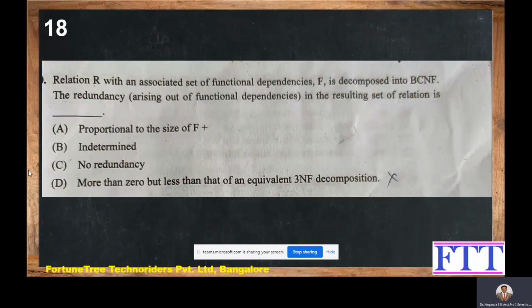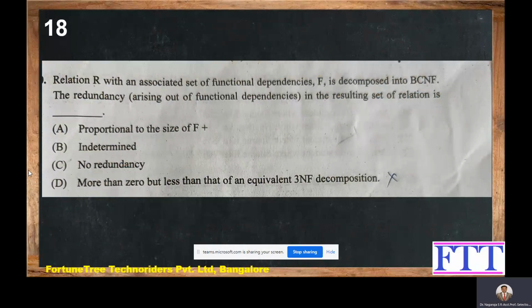A relation R with an associated set of functional dependencies F is decomposed into BCNF. The redundancy in the result set of relation is dash. Option A, proportional to the size of F plus.